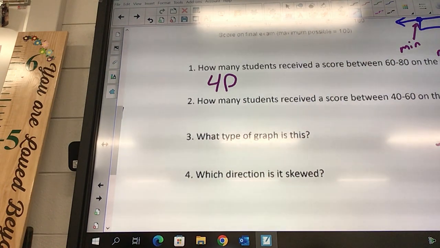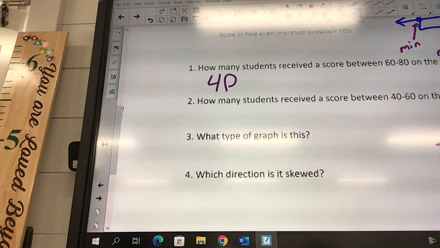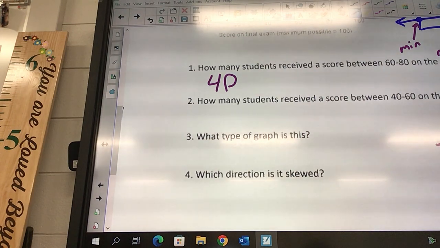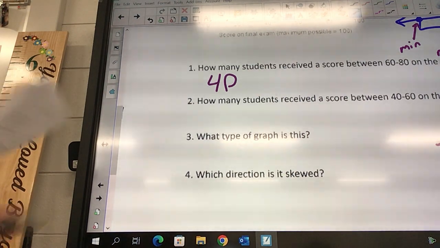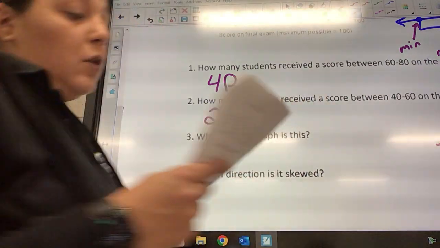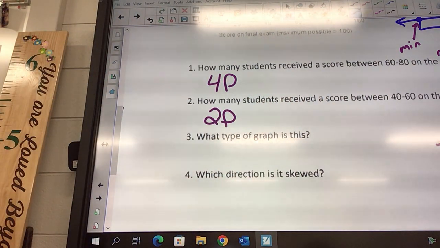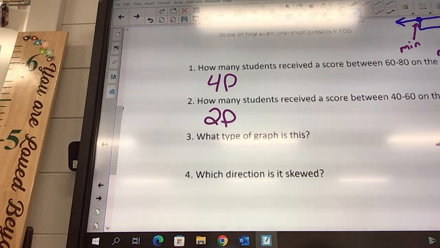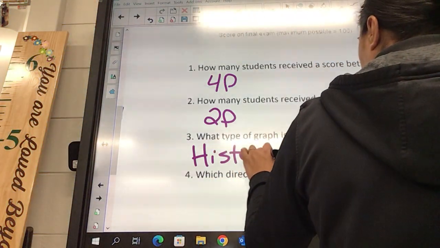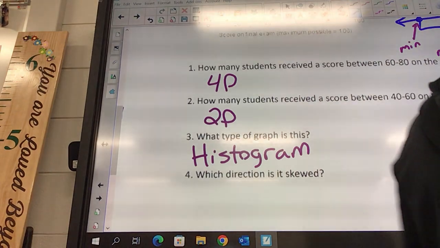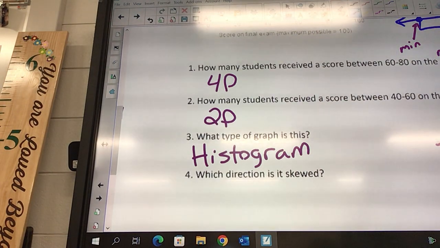Okay, how many students received a score between 40 and 60 on a test? 20. What type of graph is this? It's a histogram. Which direction is it skewed?